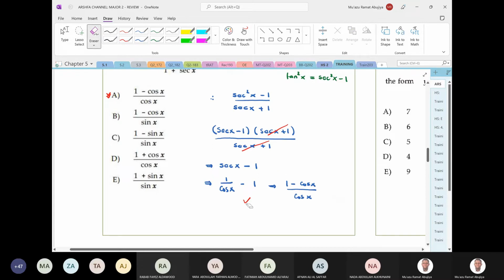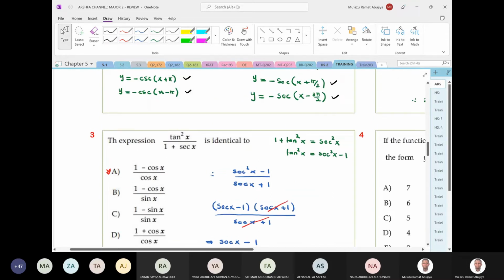Now, as I said earlier, can I solve this question in another way? Yes, of course, you can. What is the other way? We are going to rewrite here. We write tangent squared as sine squared of x over cosine squared of x. Then divide everything by 1 plus 1 over cosine of x.